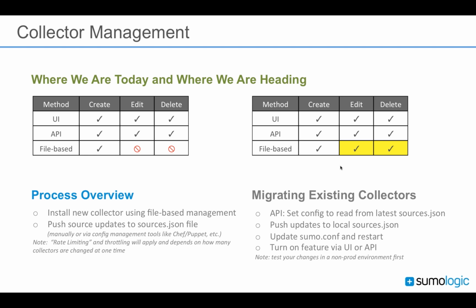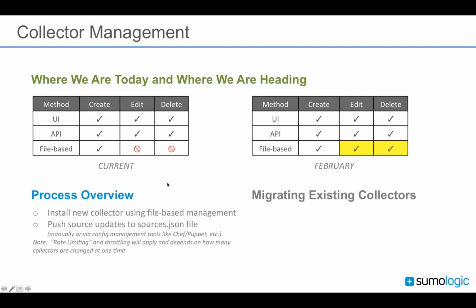As you can see, there's two yellow boxes over there, which will enable you to use Chef or Puppet to actually automate the editing and deletion of your sources collection. Okay, so here's a process overview. Actually, I'll show you on the next page.